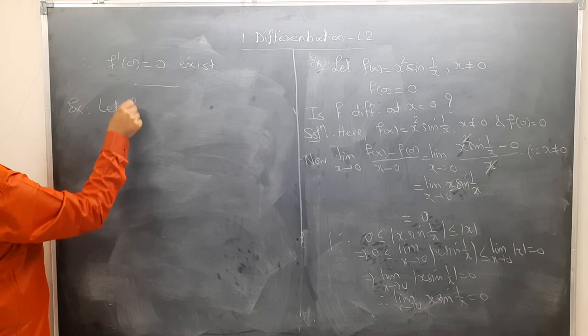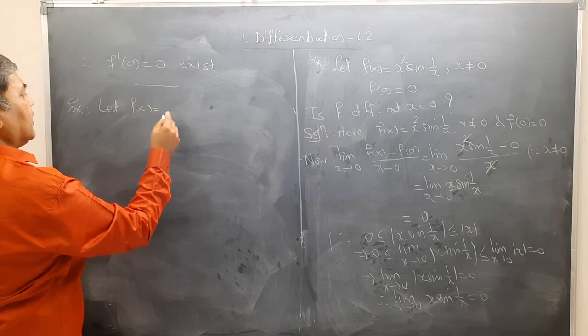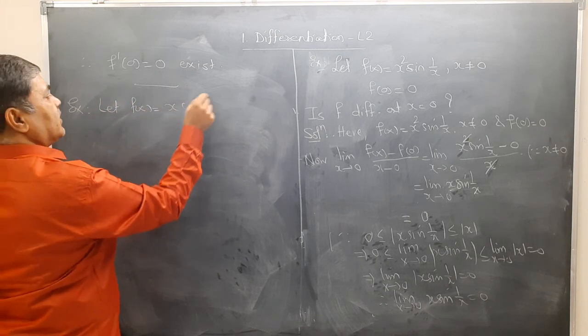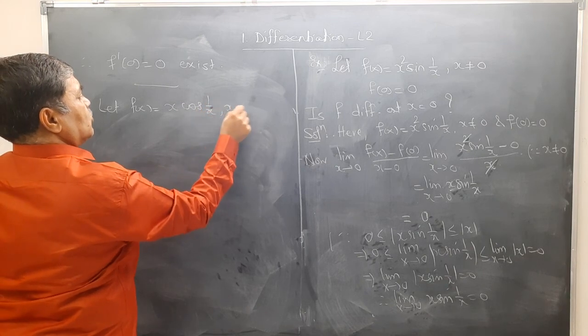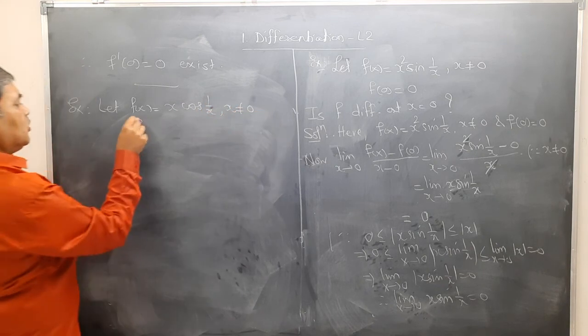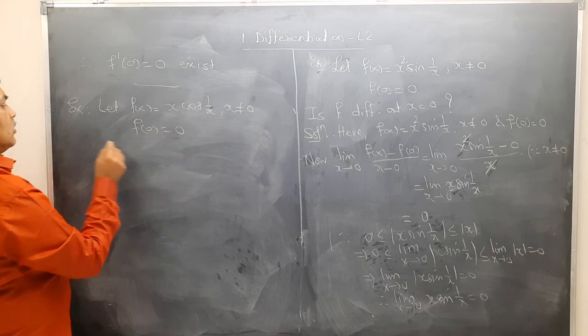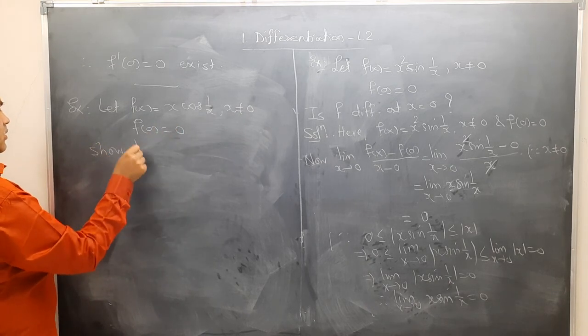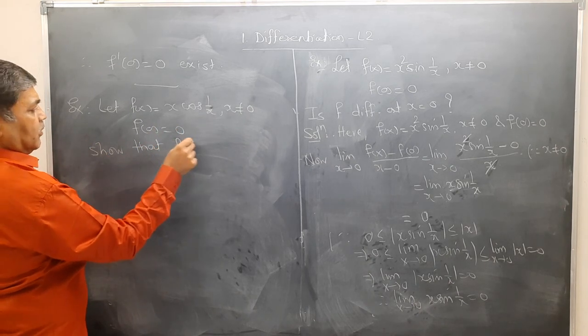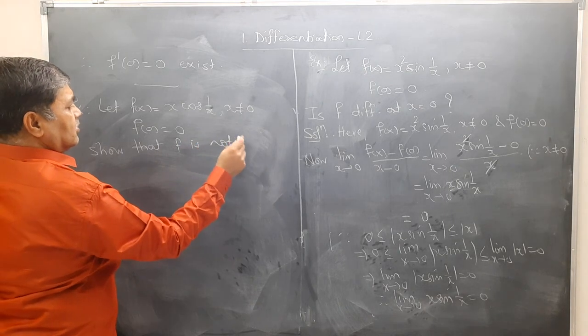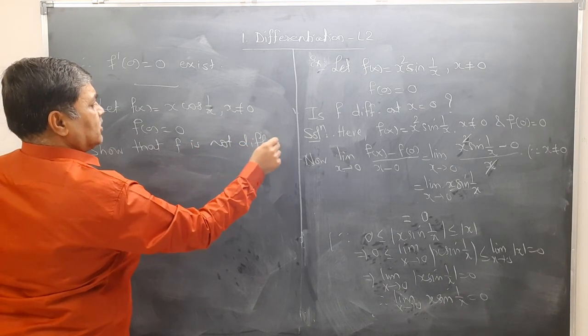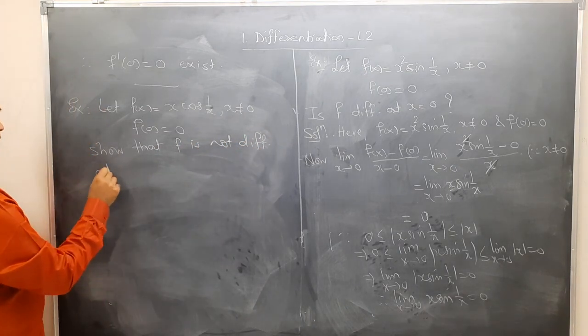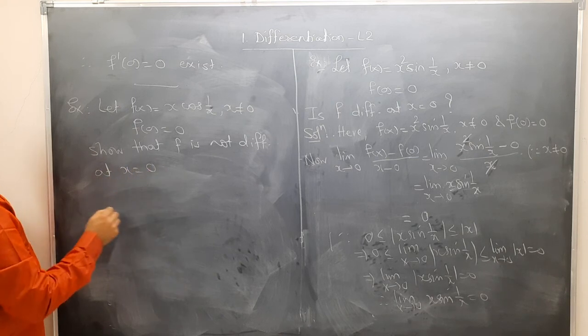So depending on this, I am giving an exercise. Let f(x) equal to, say, x into cos(1/x), x not equal to 0, f(0) is equal to 0, so that f is not differentiable at x equal to 0.